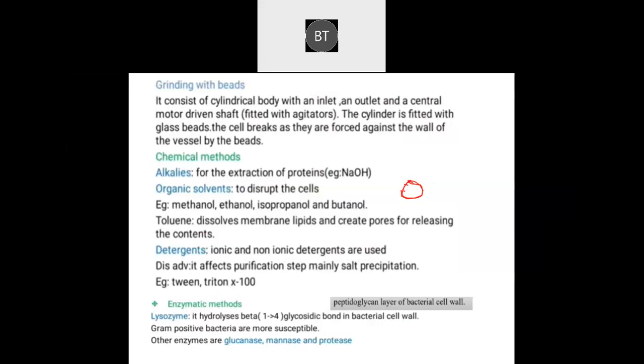The most common organic solvent we use is toluene. Toluene is more commonly used to disrupt the fungal cell walls. You know that the fungal cell walls contain chitin. It is difficult to break them, so you can use this. And even other solvents are used, like alcohol, ether, DMSO, benzene, chloroform, etc.